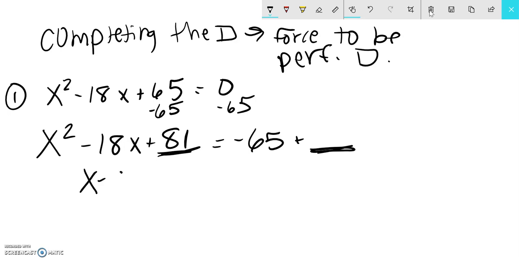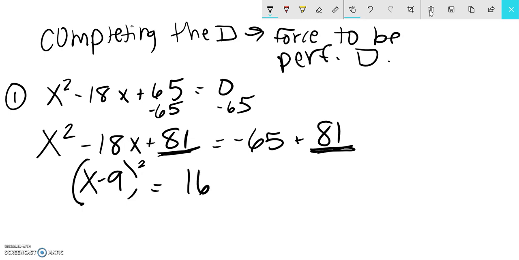So this is going to be x minus 9, because what multiplies to 81 and adds to negative 18 is negative 9 and negative 9. So we get x minus 9 squared is equal to, and on this side, we're going to add that 81. So when I combine that, we get 81 minus 65, which is positive 16.